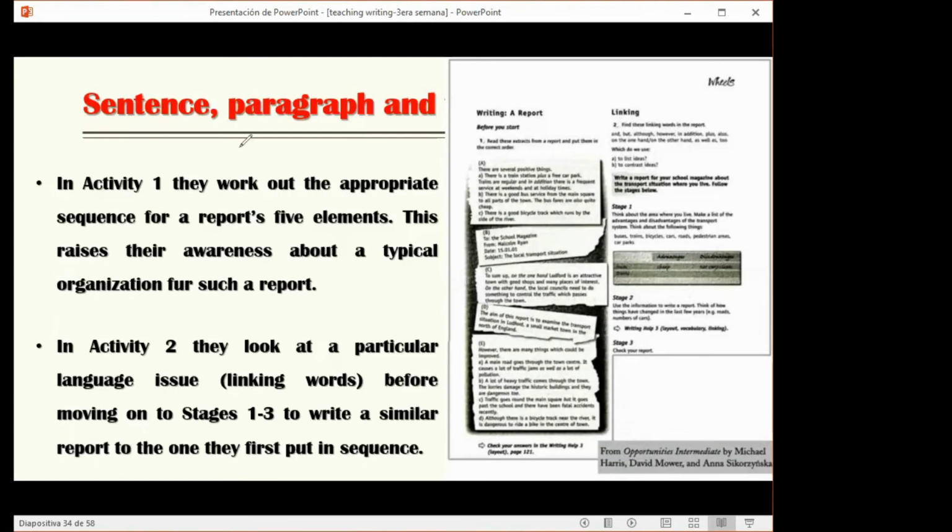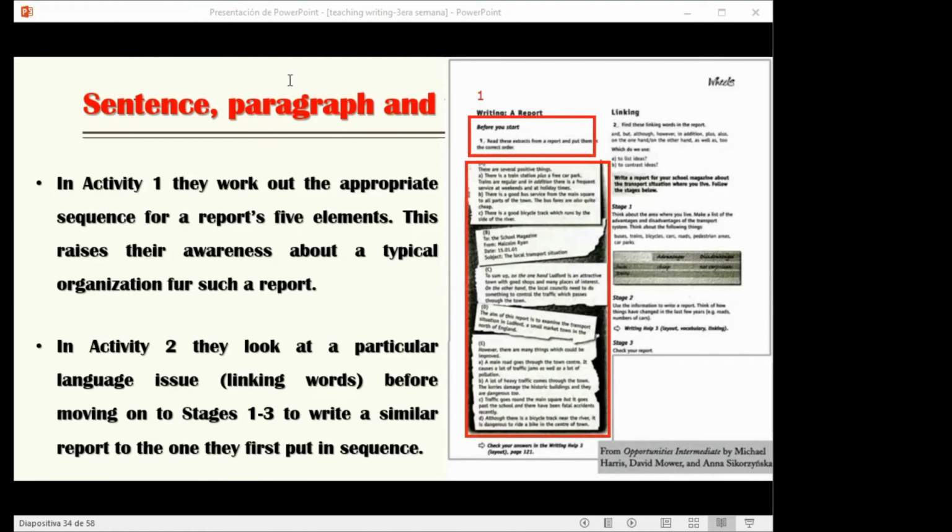This is activity 1. So they have here the report in 5 parts, but these are in this order. So they have to reorder, no, an appropriate sequence for this report. This is activity 1, remember.